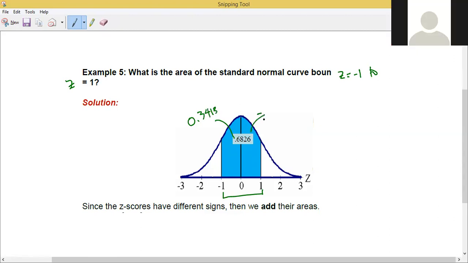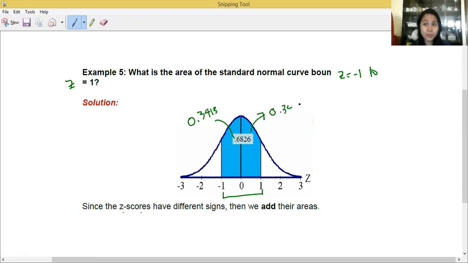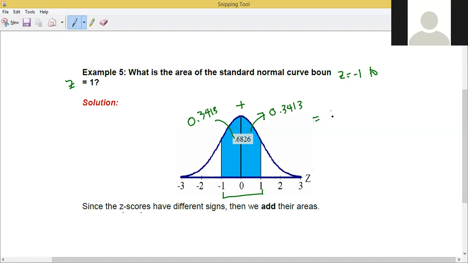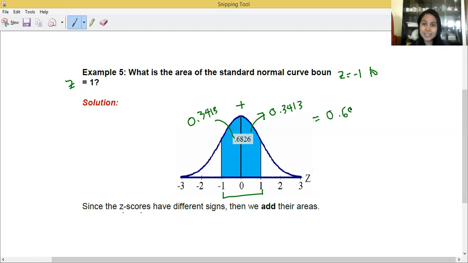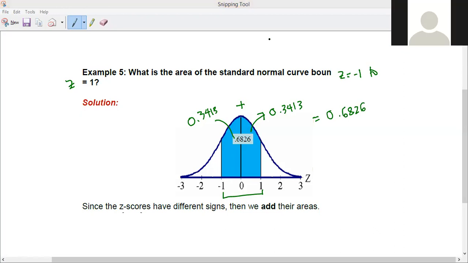And from 0 to positive 1, that's another 0.3413. Negative to positive, rule 1 states we need to add them. So the area is 0.6826. Now let's go to the next one. Let's have the next example, or we'll be having the next rule.